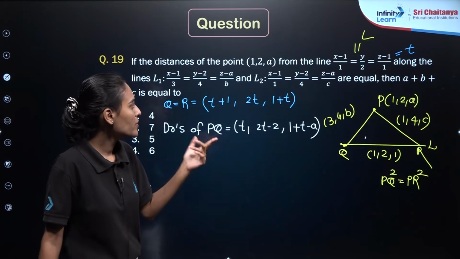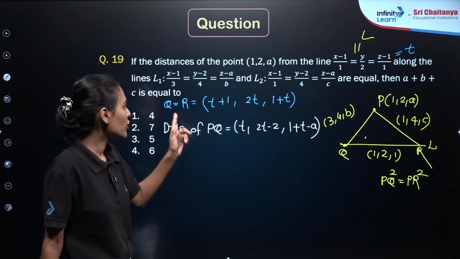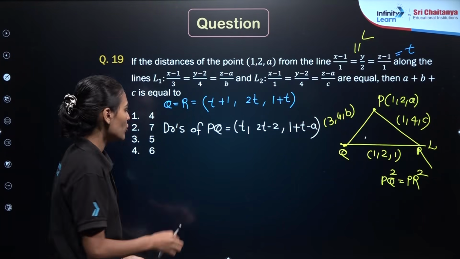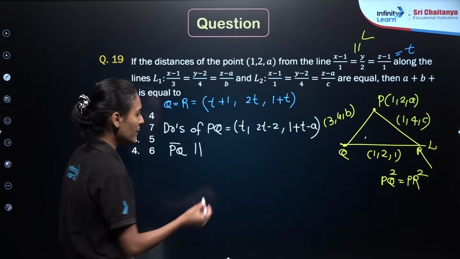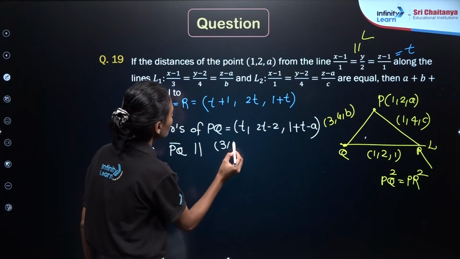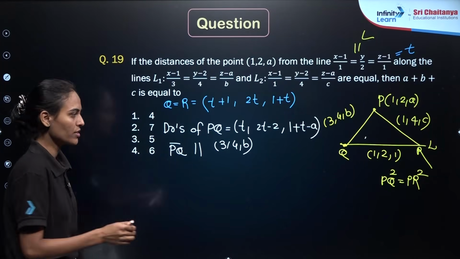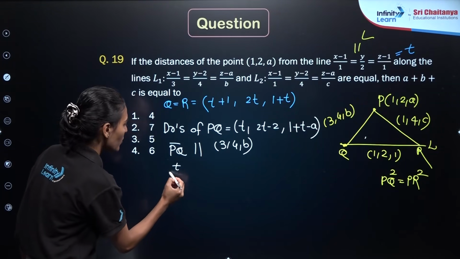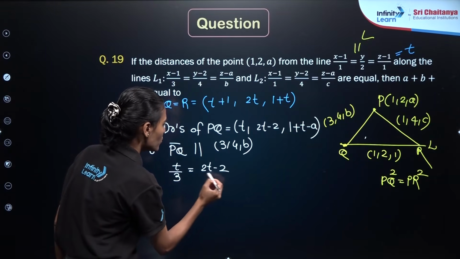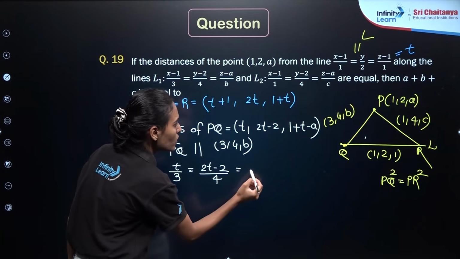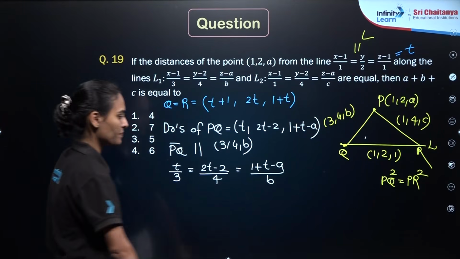So they will be proportional. From here you will get T upon 3 equals (2T minus 2) upon 4 equals (1 plus T minus A) upon B.